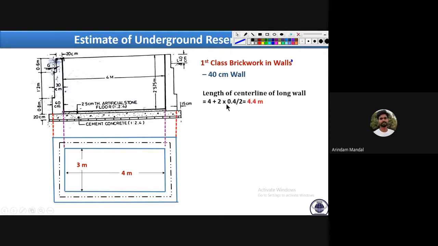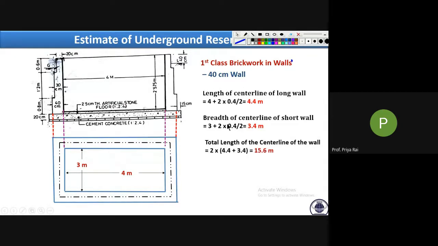Similarly, this length will be 3 meter plus 0.4 by 2 plus 0.4 by 2. So 3.4. So what is the total length of this 40 centimeter wall? Center line length, 2 into length plus breadth. 4.4 plus 3.4, total 15.6.